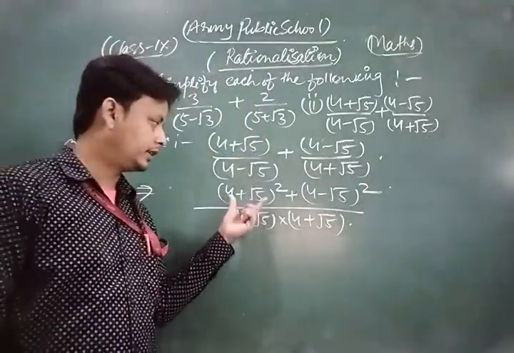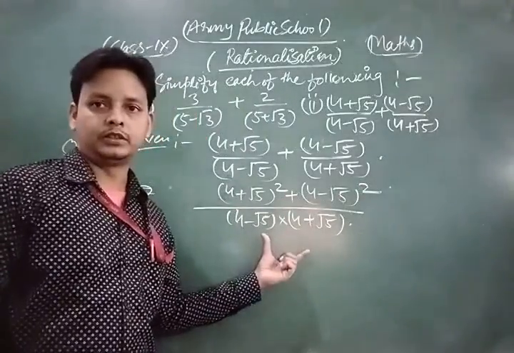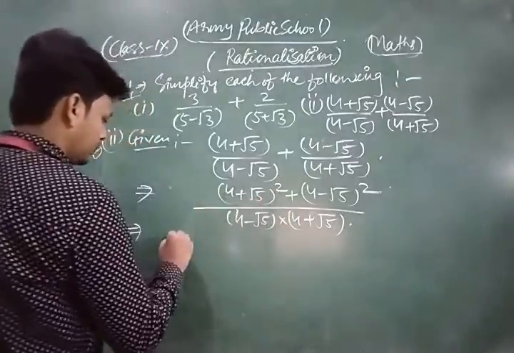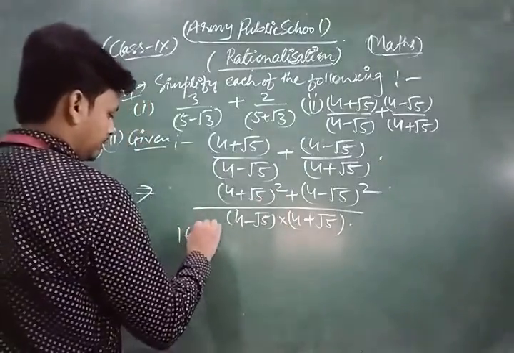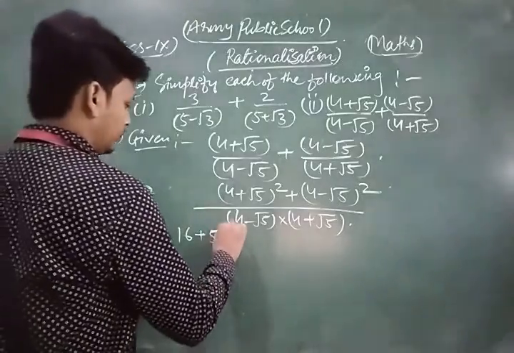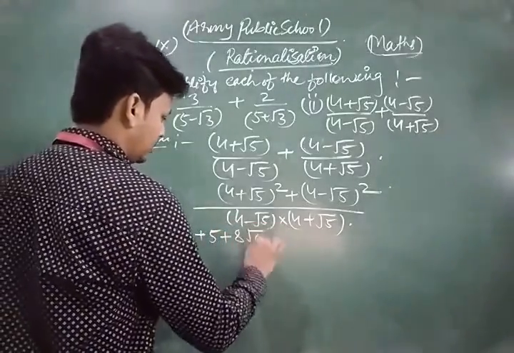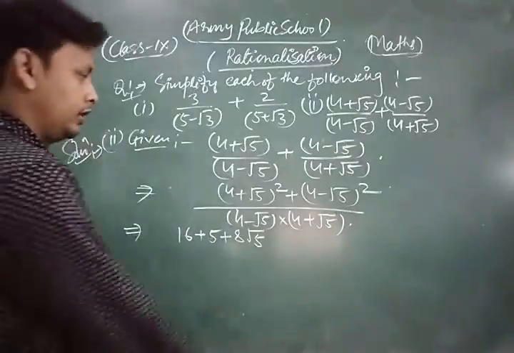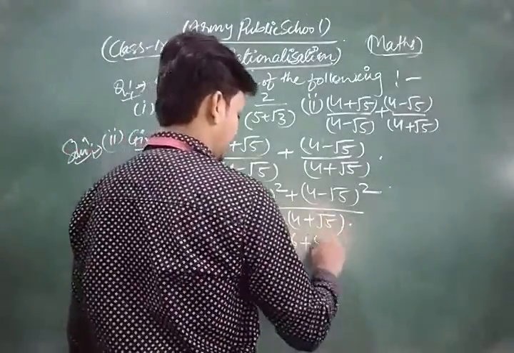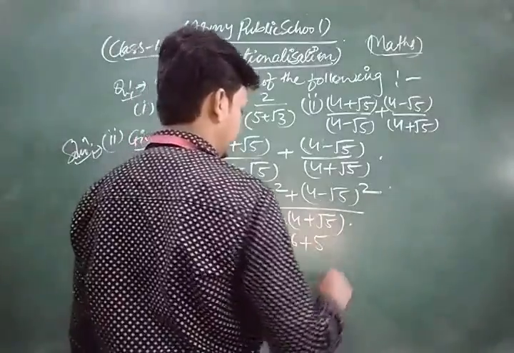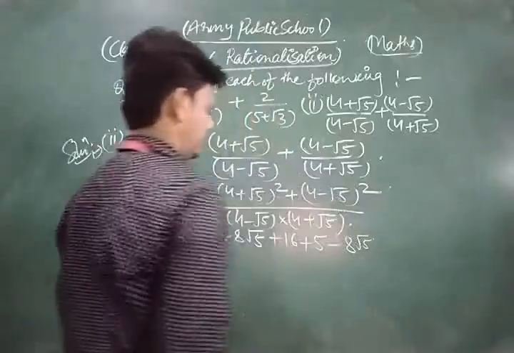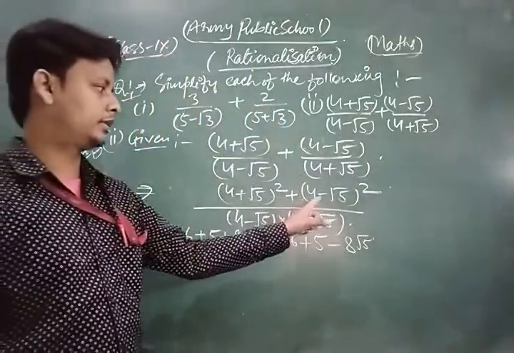Now we simplify the numerator and the denominator. Okay, look. We apply the formula (a plus b) whole square: a square, 16, plus b square, which is 5, plus 2ab, 2 times 4 is 8 root 5. Plus a square plus b square minus 2ab, 8 root 5.